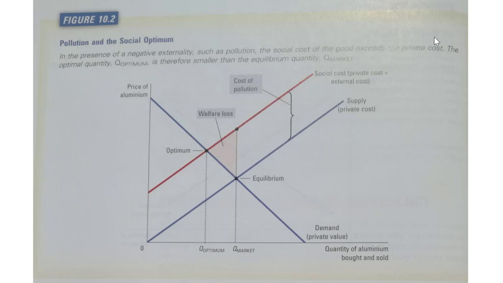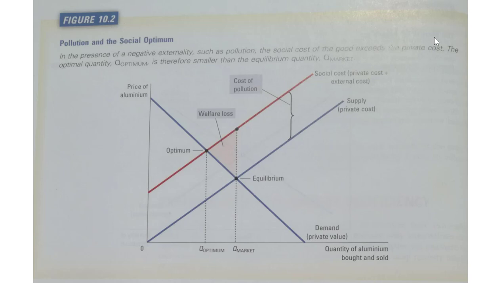So the market fails here because it produces, in theory, more than it should produce, right? For example, pollution. We are in this situation because the market produced too much negative externality, such as pollution.